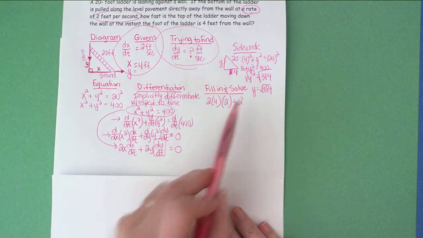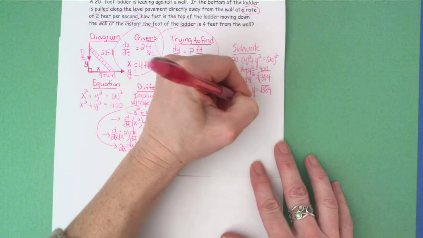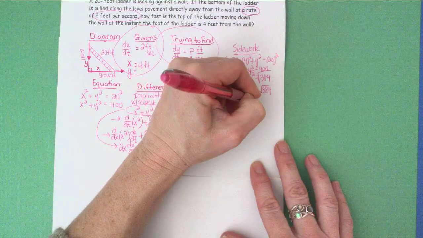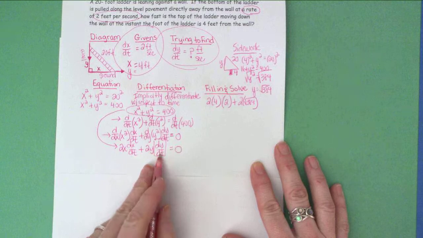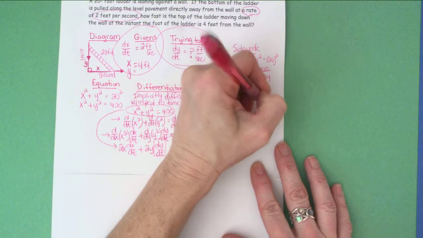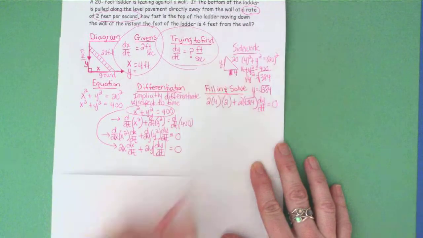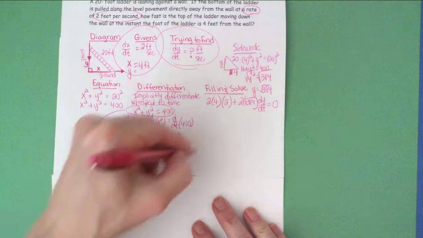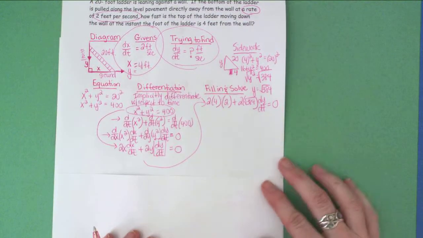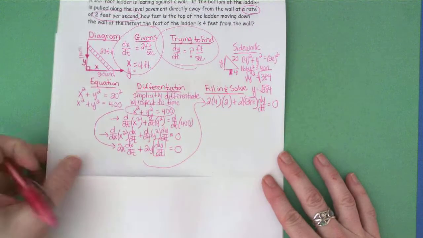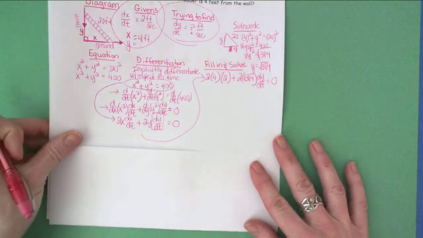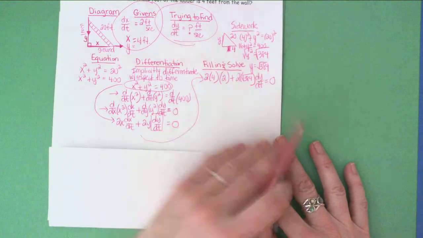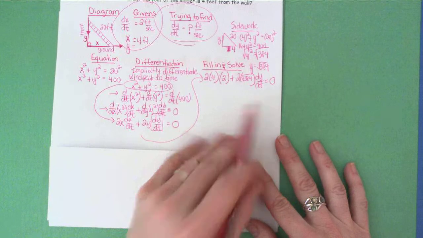So this is what I'm going to fill in here for my y. So now I have 2 times the square root of 384 times dy/dt equals 0. So this is just this guy copied over with things filled in. And if you notice, the only thing that's not filled in is dy/dt, and that's what I want to find. So using a little algebra, I'm going to solve for that.